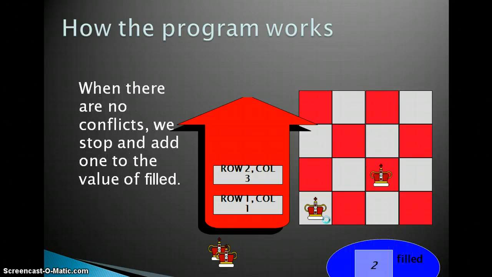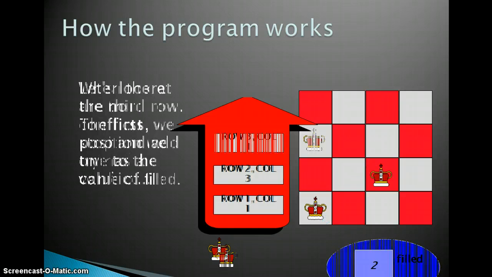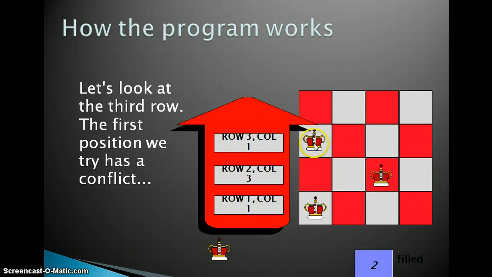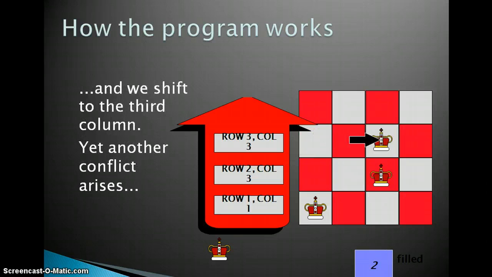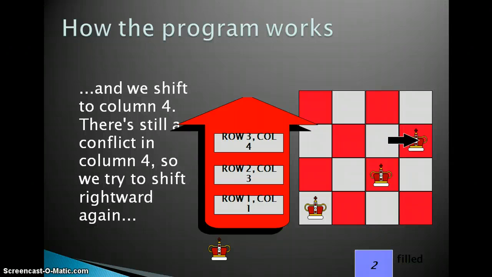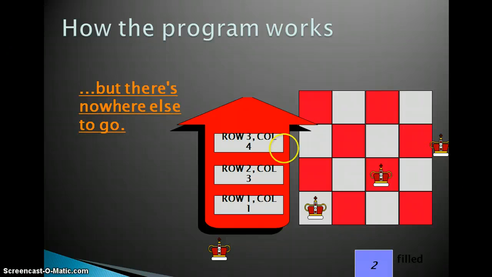Now we go to the third step, we again place it in the first row, first column, second column, third column and fourth column. In all these cases it can attack each other, so no solution can be found.